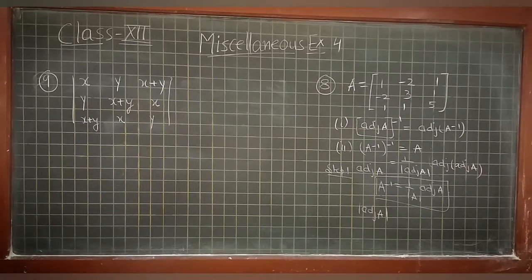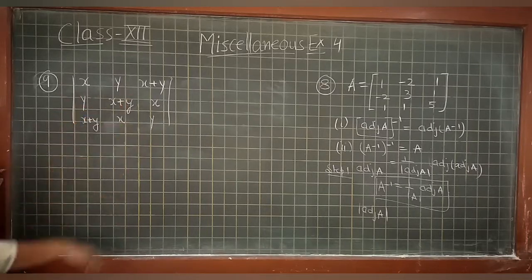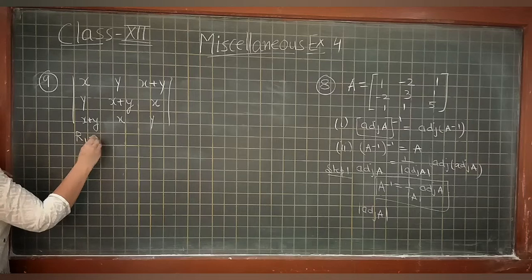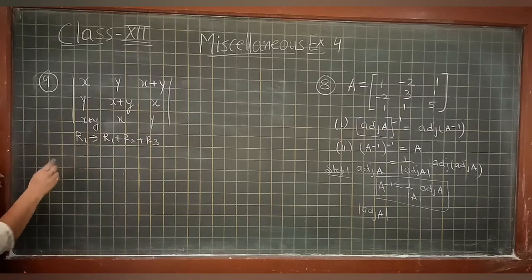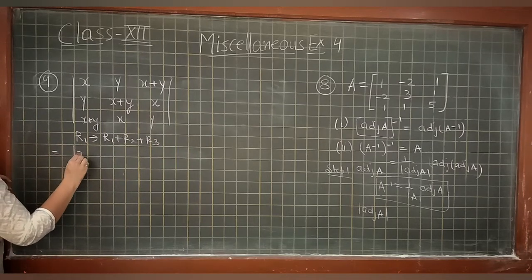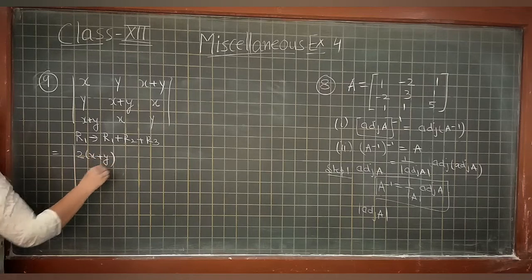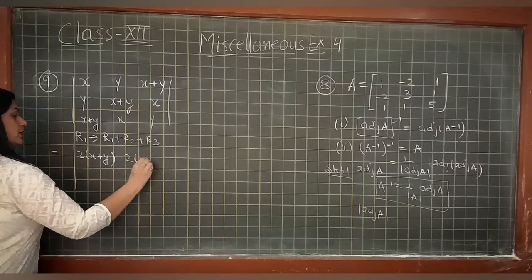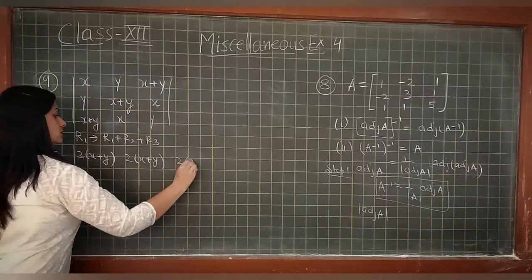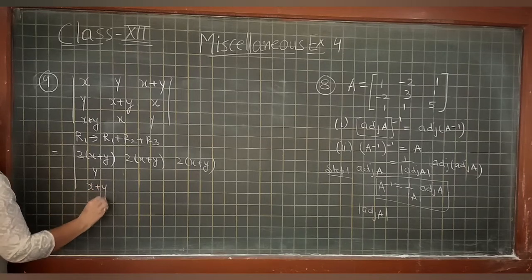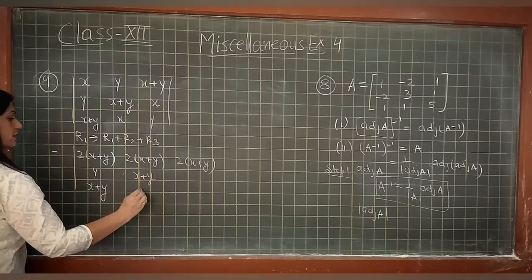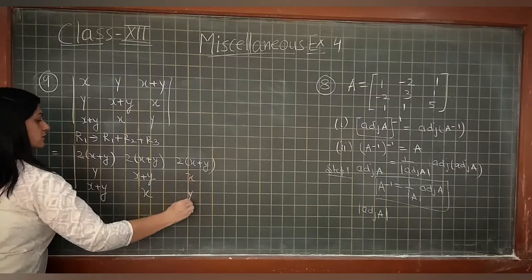Okay. So you can observe one thing, that in all these columns or rows, when you will add this you will get 2x plus 2y. So you can change R1 to R1 plus R2 plus R3. Okay. So you have twice of x plus y here, also twice of x plus y, here also twice of x plus y, then y, x plus y, x plus y, x and y.